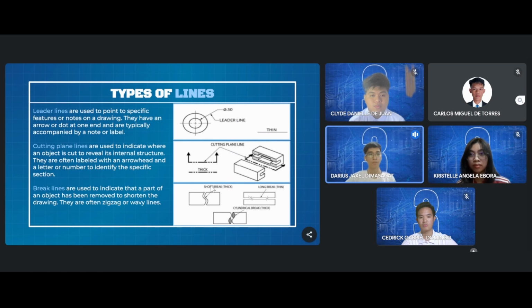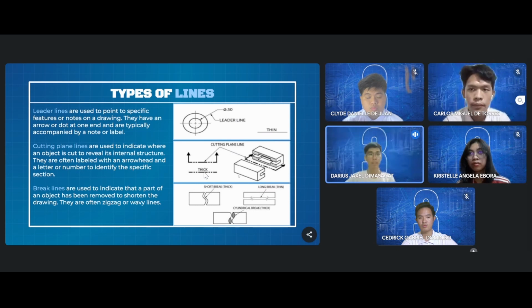They are used to remove or break out part of a drawing for clarity, and also to shorten objects which have the same shape throughout their length and may be too long to place on a drawing. Short and long break lines are used for flat surfaces. Cylindrical are used on rods, dowels, etc.